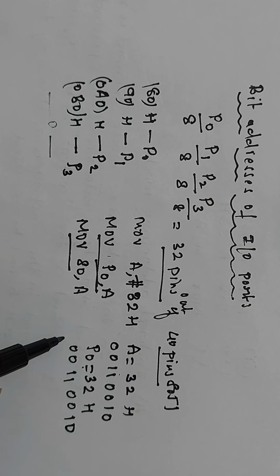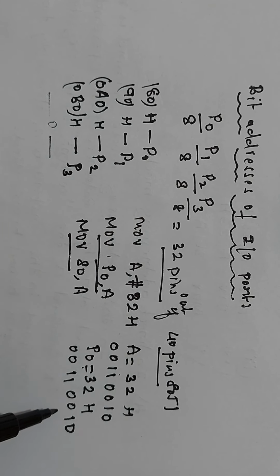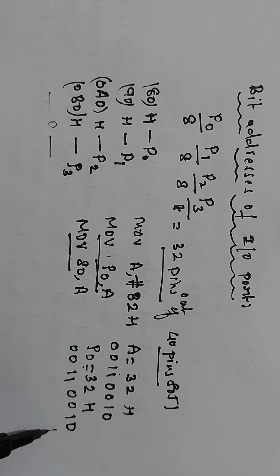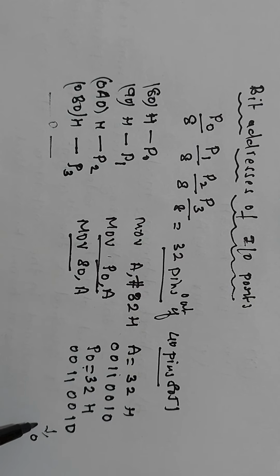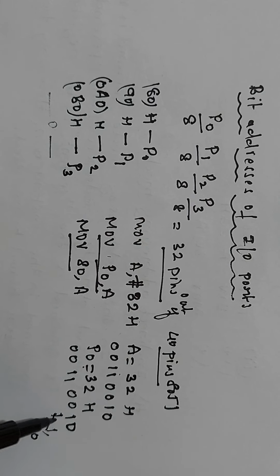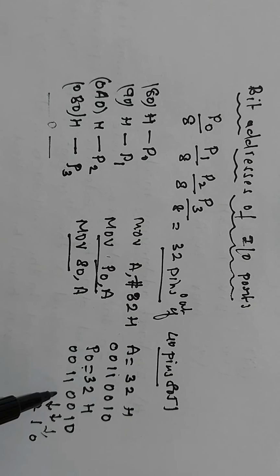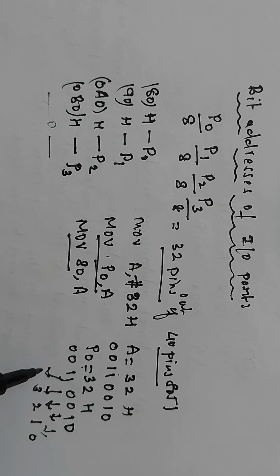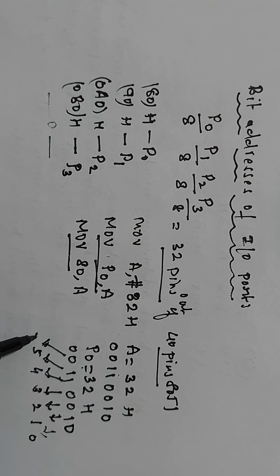Now there are 8 bits: first bit, second bit, third bit, fourth, fifth, sixth, seventh, eighth. Now I will represent the first one as bit 0, second one as bit 1, third one as bit 2, fourth one as bit 3, fifth one as bit 4, sixth one as bit 5, seventh one as bit 6, eighth one as bit 7.